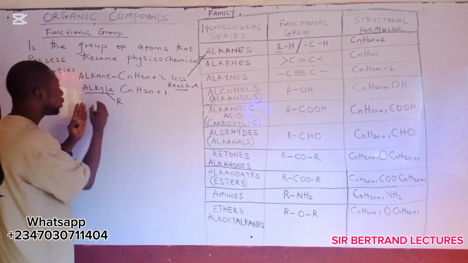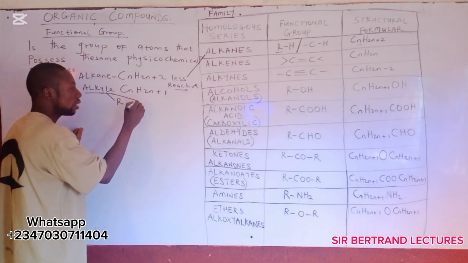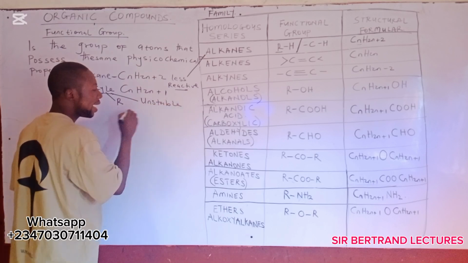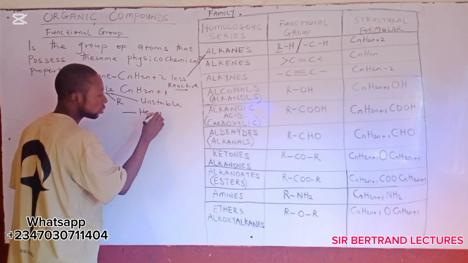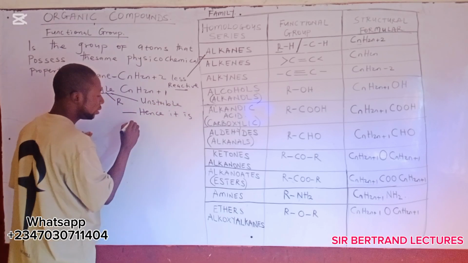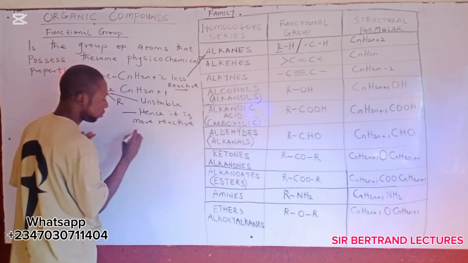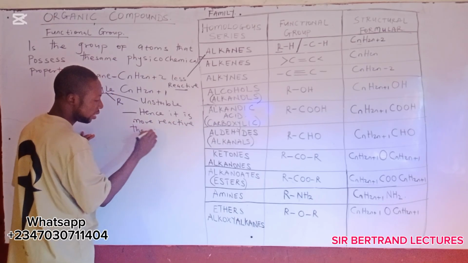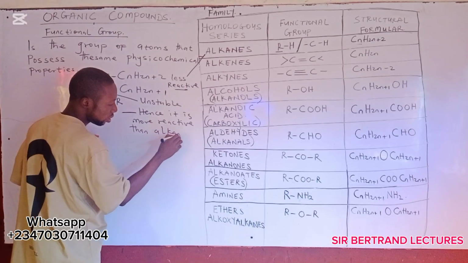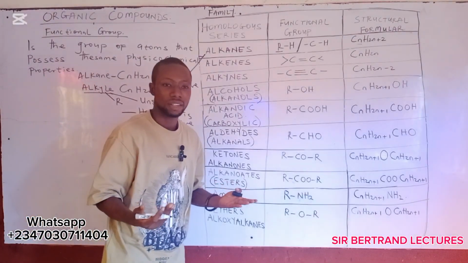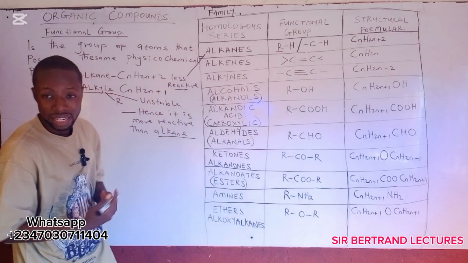That is why it becomes unstable. Alkyl becomes unstable, hence it is more reactive than alkane. Alkane is also known as paraffin. I'm going to talk about this in our next video.